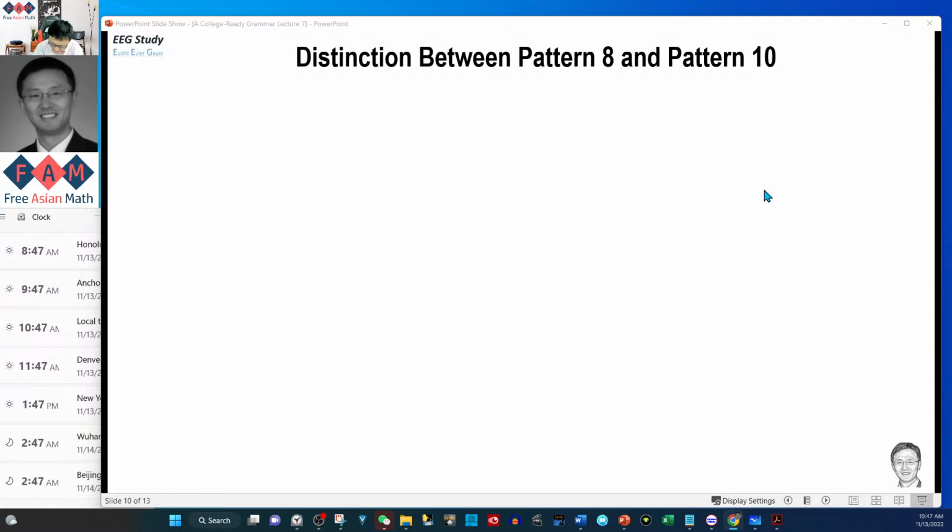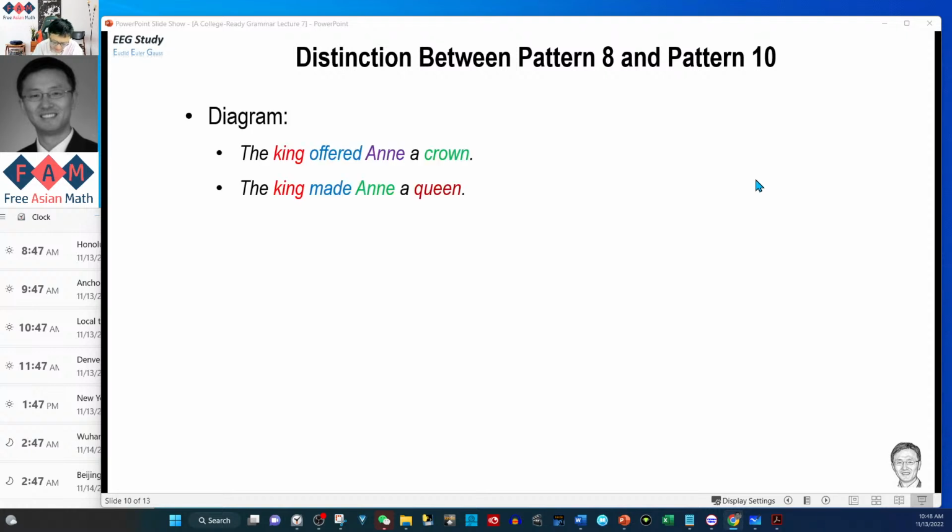Sometimes they may look a little bit similar, and that causes confusion. So think about those two sentences. The king offered Anne a crown. In this case, what is the direct object?